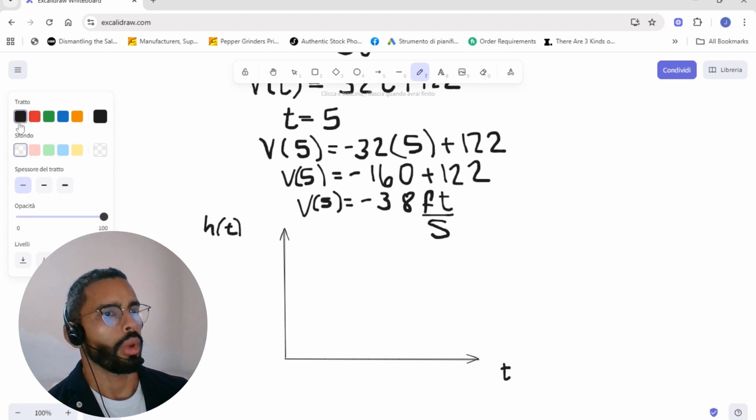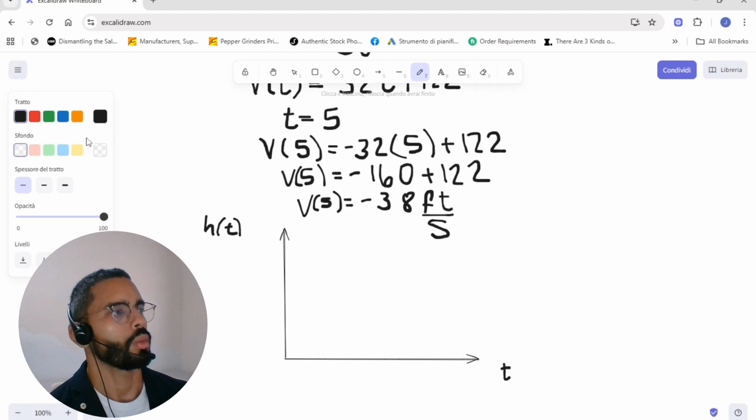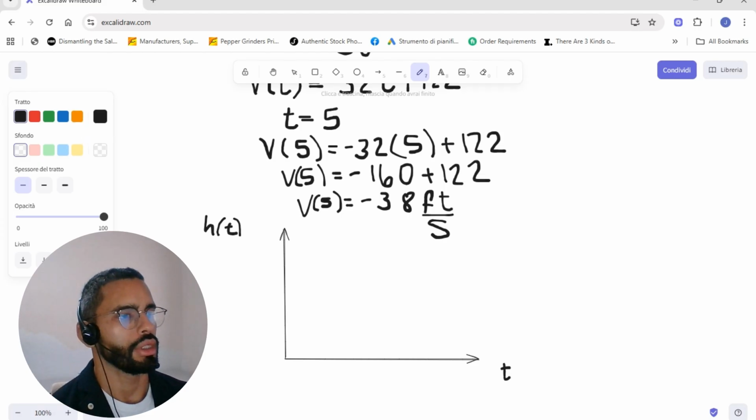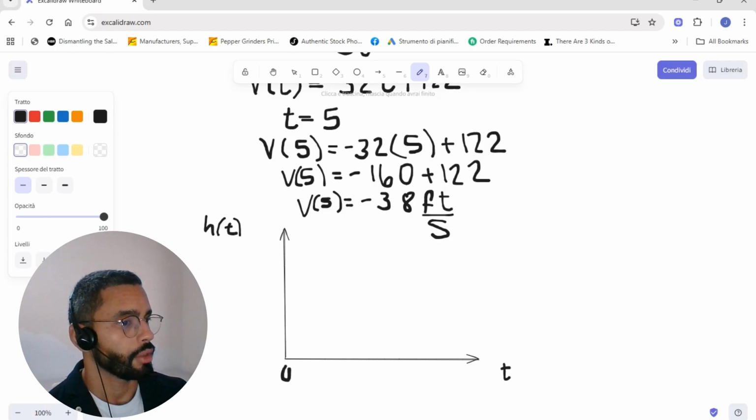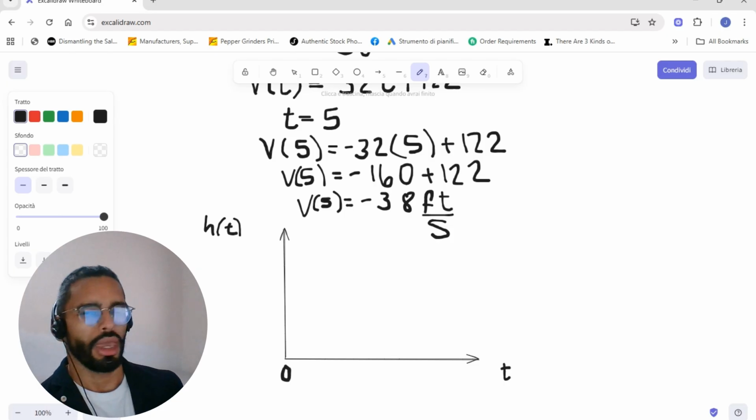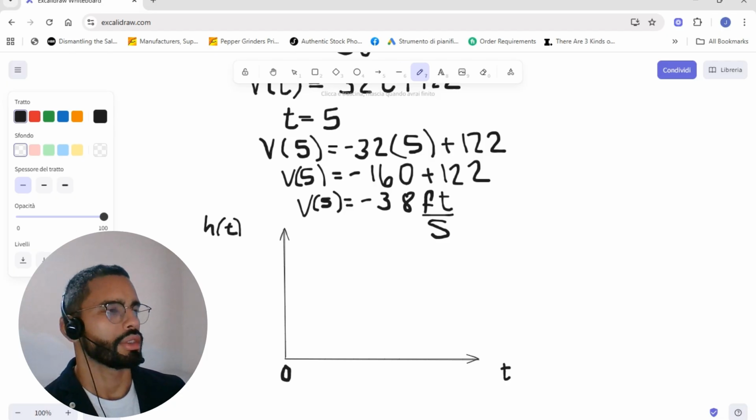And where will that graph touch the vertical axis? What time would that be? Yes, t equals 0. So t equals 0 is here.